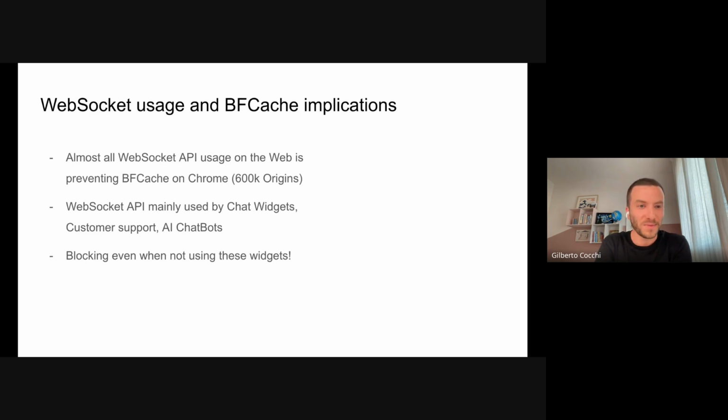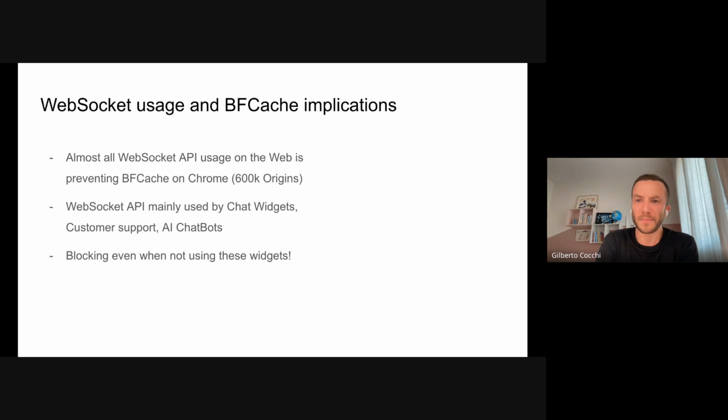I dug into the majority of WebSocket implementation usage by third-party or first-party scripts, and I still wasn't able to find one doing the right thing to make WebSocket API usage BFCache compatible. We're talking about around 600,000 origins in Chrome. The impact is sizable, especially because many of these origins are on the high end of the traffic spectrum.